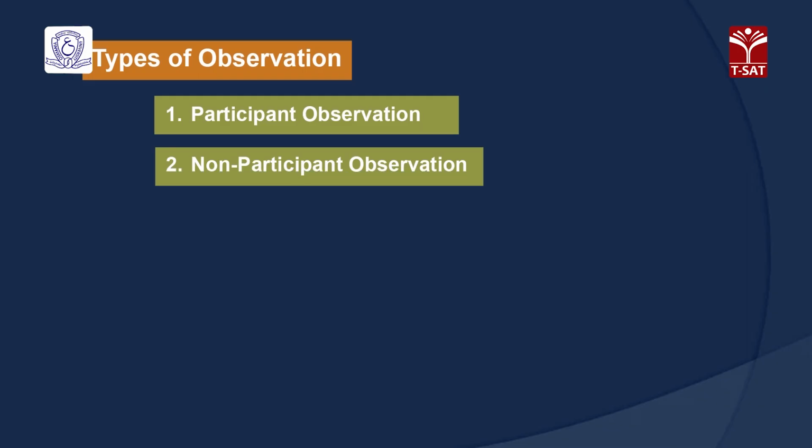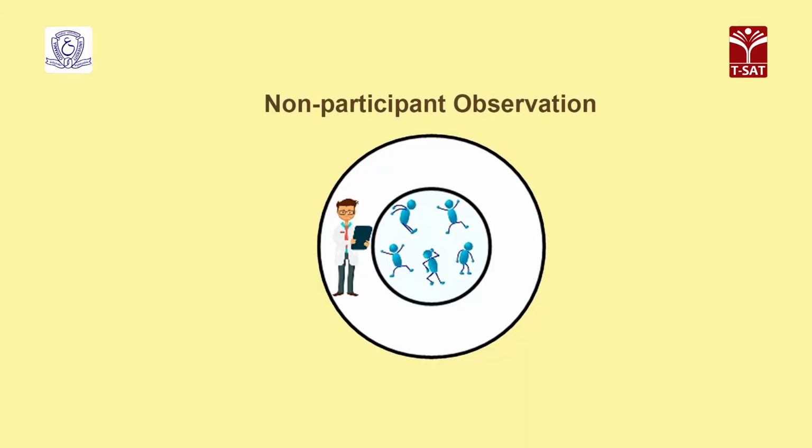Another major type of this method is non-participant observation. Non-participant observation has a lack of participation of the observer in the group activities. He either watches the phenomena from a distance or participates in the group, but never in its activities. You only sit in the group but are not interested in the process.